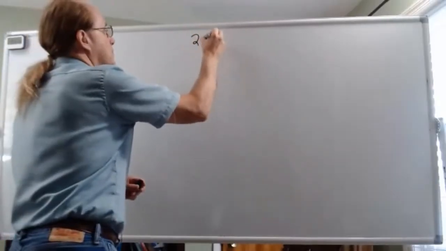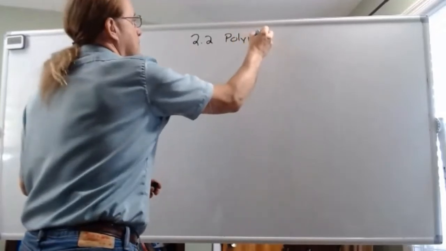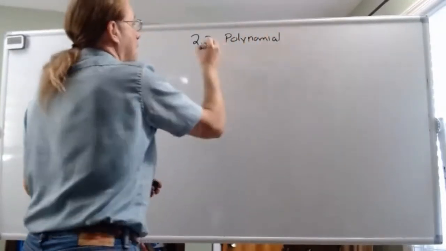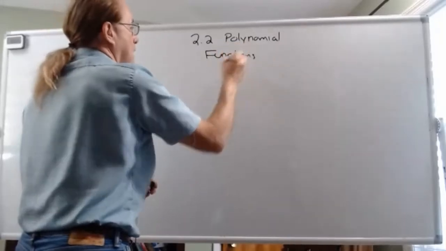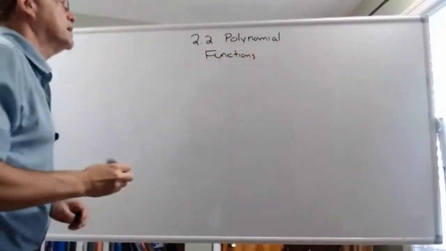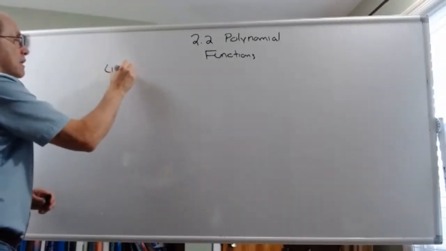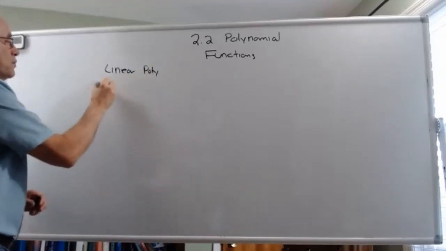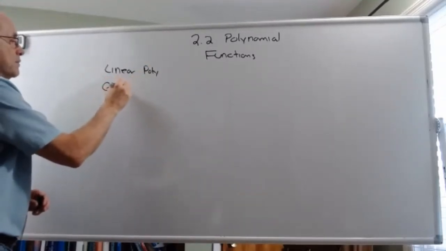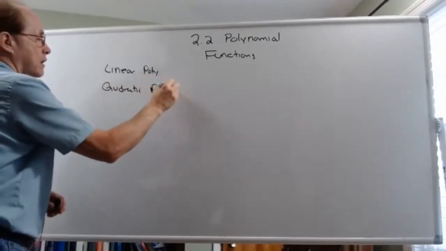Section 2.2 is on the idea of polynomial functions. And just a quick recap. Yesterday we introduced the basic linear polynomial functions, and we also did the quadratic polynomials, or quadratic functions, if you will.